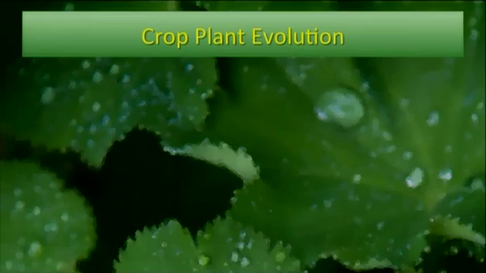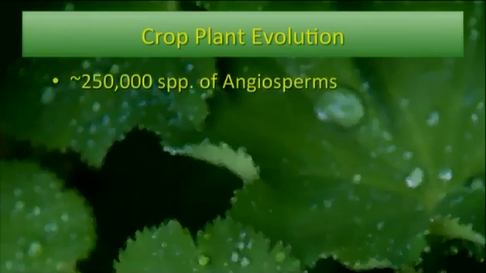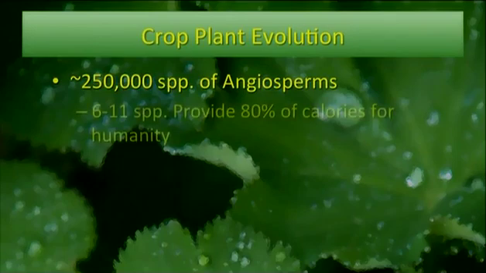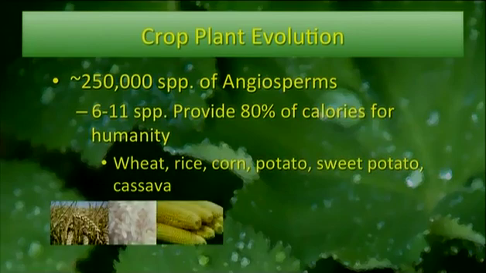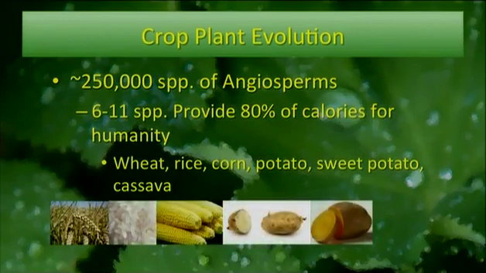Now, crop plant evolution. Remember we said earlier that there are more than 250,000 species of angiosperms, and 6 to 11 species provide 80% of the calories for humanity, and they include wheat, rice, corn, potato, sweet potato, and cassava.